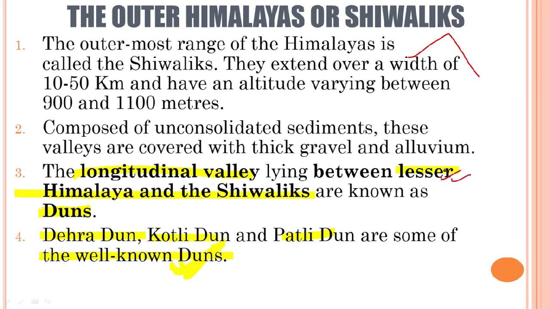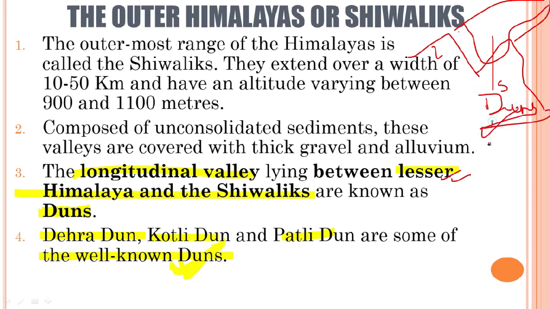Longitudinal valleys which lie between the Lesser Himalayas and the Shivaliks are what are known as dunes. So if we draw a diagram, we see that these are the Lesser Himalayas and these are the Shivaliks. Between these, valleys could be found, longitudinal valleys, and these valleys will be called dunes.